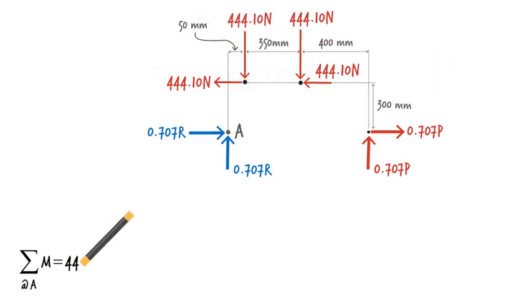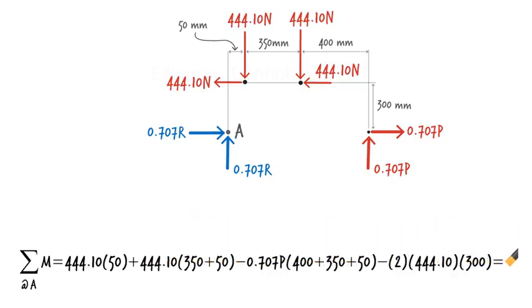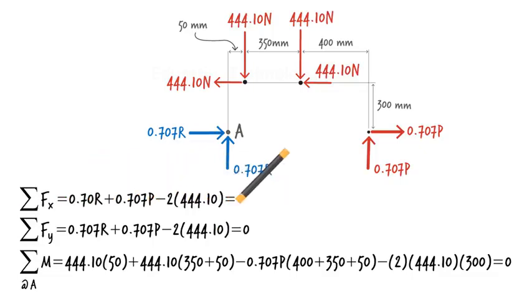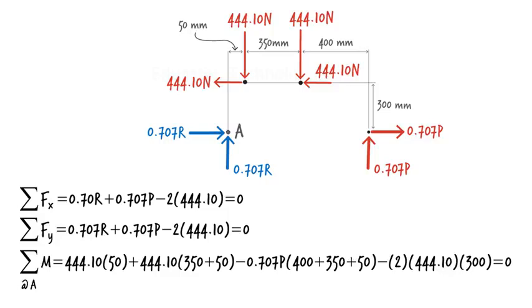This is all we need in order to write the equilibrium equations. Note that we have a redundant equation. The first two equations are identical, but that is okay. We only need to use one of them, since in this problem, there are only two unknown forces, P and R.